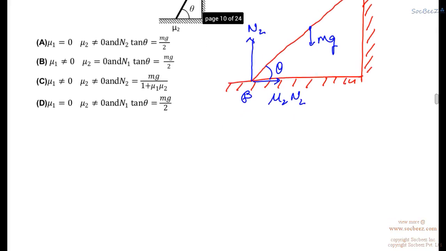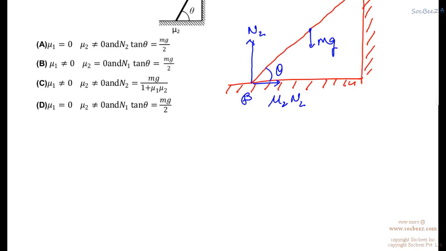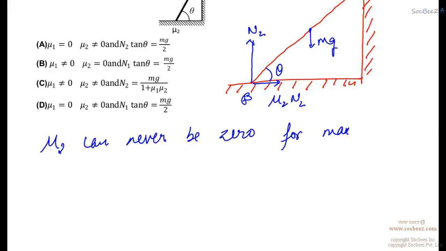Now, mu2 can never be 0 for maximum equilibrium.